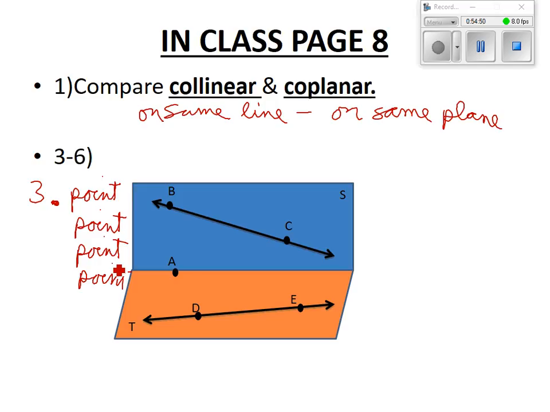Point doesn't have a symbol, so the first thing you gotta write is the word point. Point A, point B, point B, point C. Why are you naming point B twice? Come on, Mark. Keep going. Point A, point B, point C, point D. Good enough.